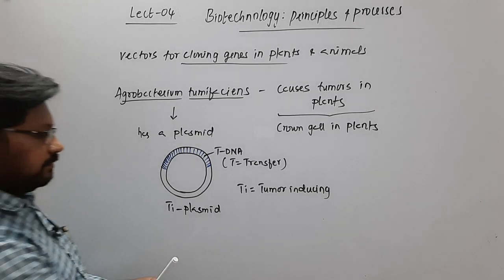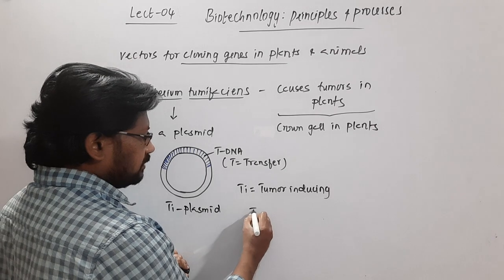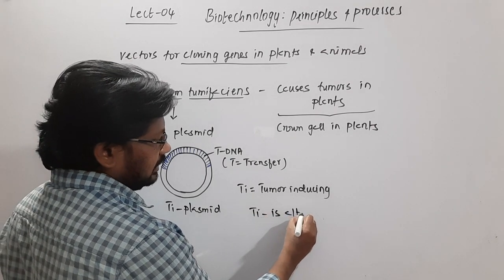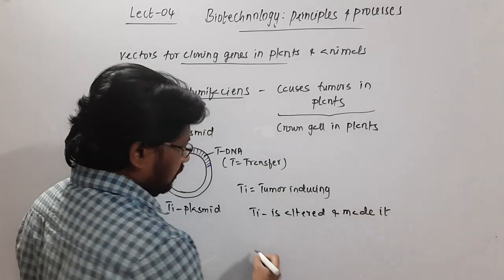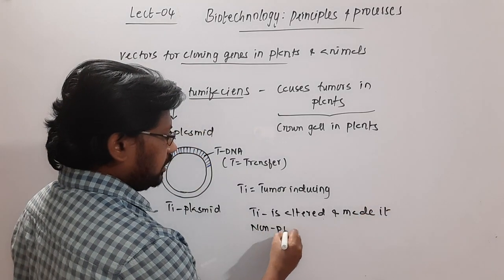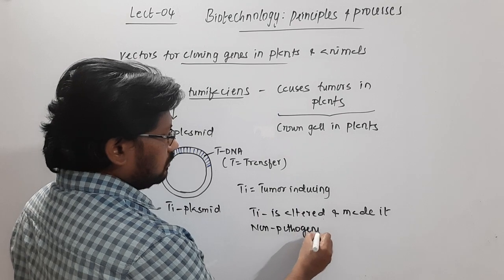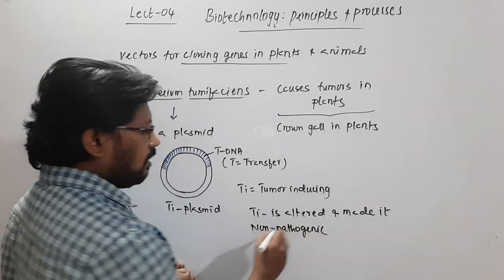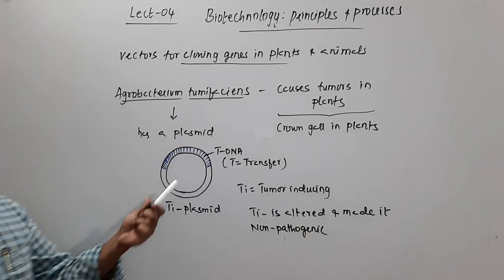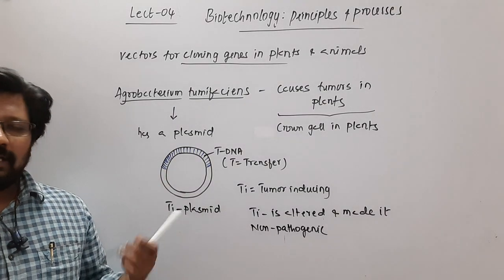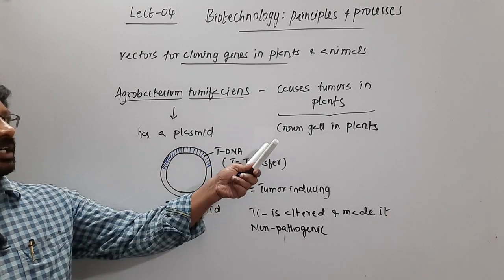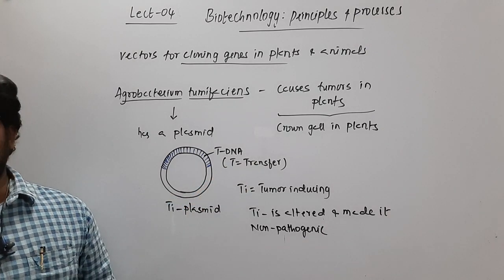So just note, this Ti plasmid is altered and made non-pathogenic. When we remove this segment tDNA from this Ti plasmid, it will no longer be able to cause the crown gall or tumors in the plant cells.